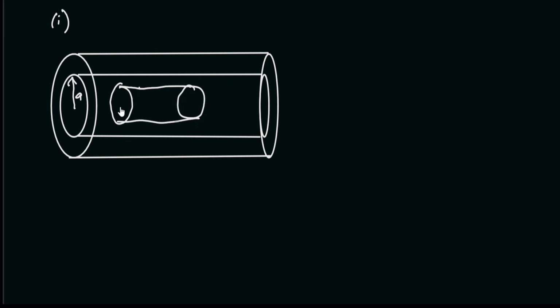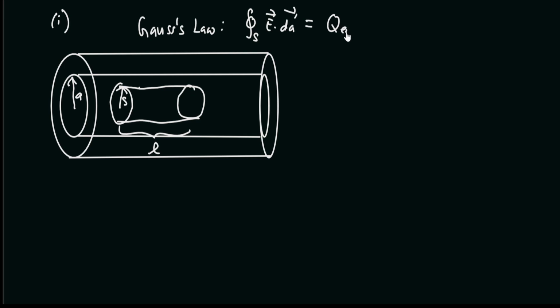The radius of the cylinder will be S, and let us call the length of the cylinder as L. Let us first write down the Gauss's law. It is the closed surface integral of electric field dot dA is equal to the charge enclosed divided by epsilon naught.